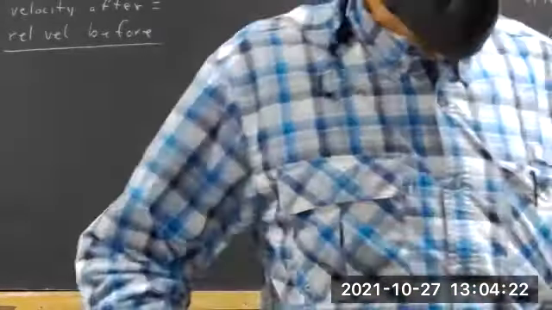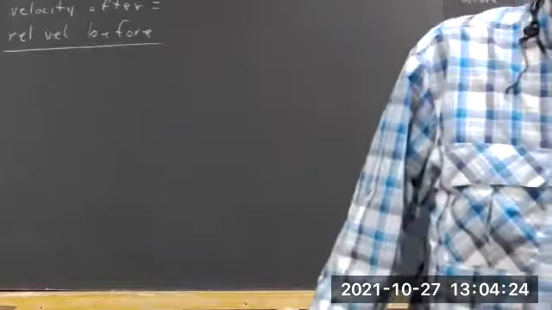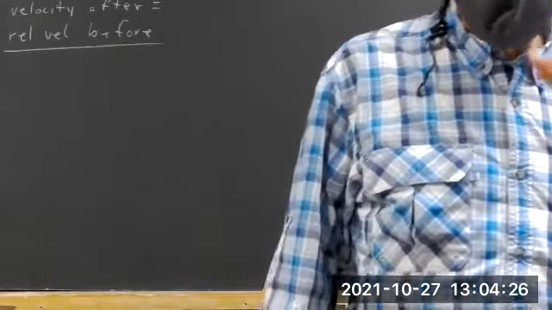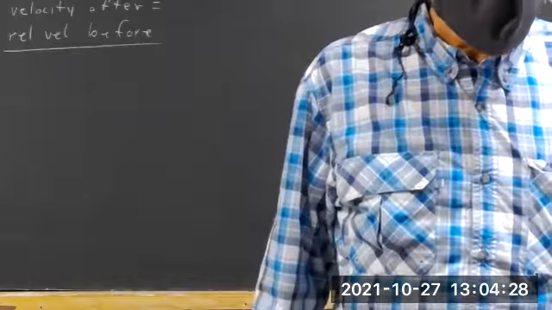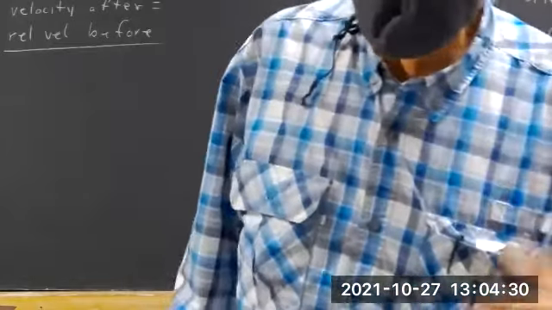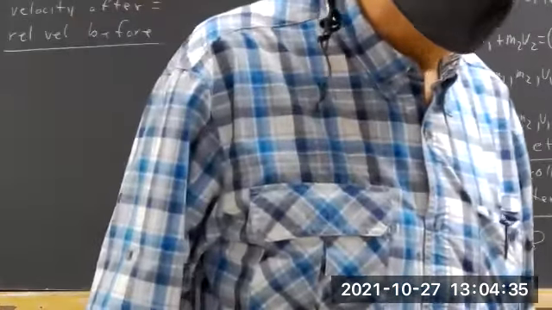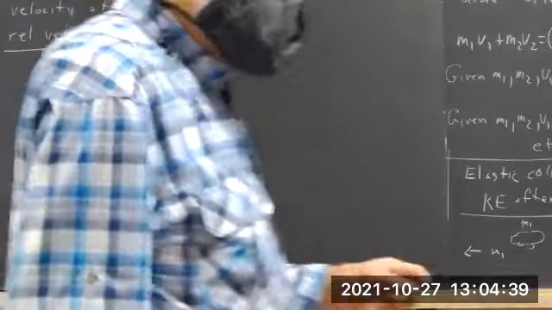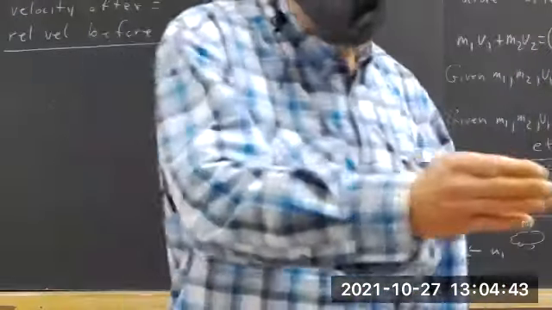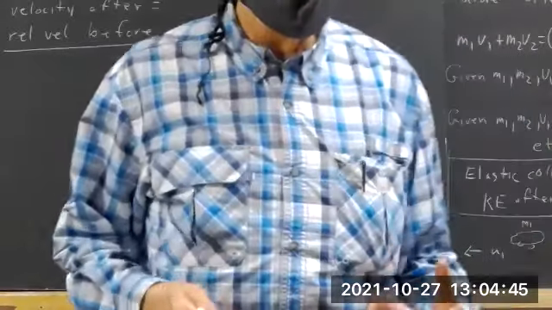Not really, but you agree on a common x-axis. And then the relative velocity as you see it is equal and opposite to the relative velocity as I see it. In this case, if this is a positive direction, I'm moving toward you, and you're moving toward me.